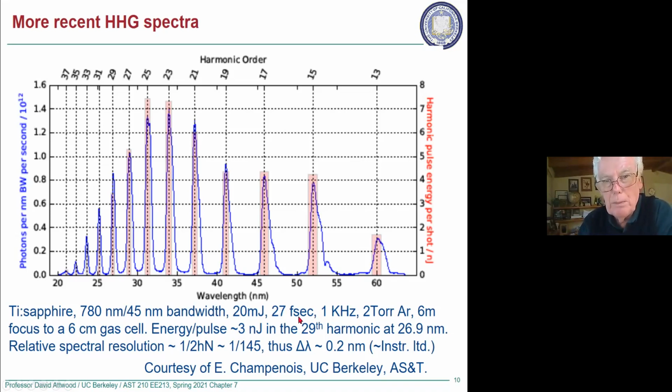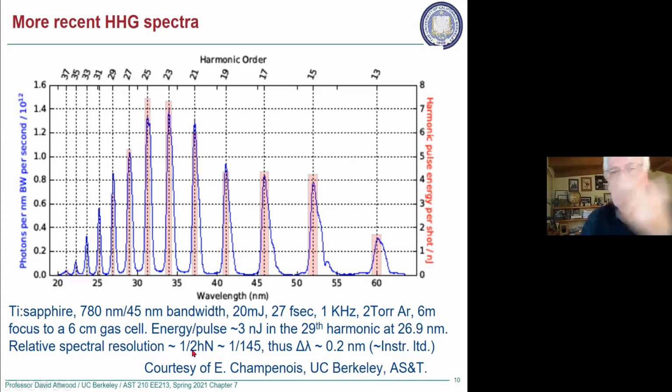If there's 10 cycles of infrared going on, we would think the bandwidth is 1 over 10. But that's at the infrared wavelength. Within each of those 10 infrared cycles, there are going to be 29 cycles at this harmonic, 26.9. So the number of cycles for each pulse at this wavelength is going to be this product HN.